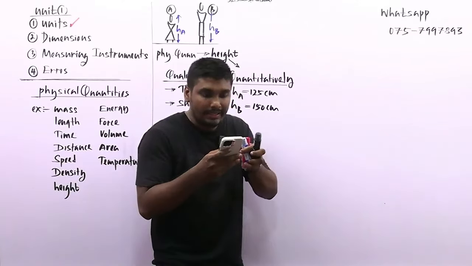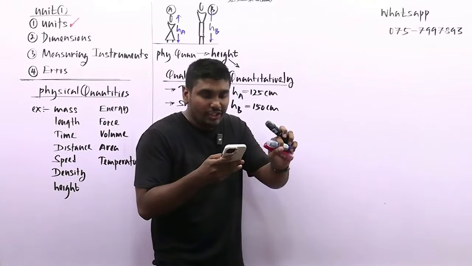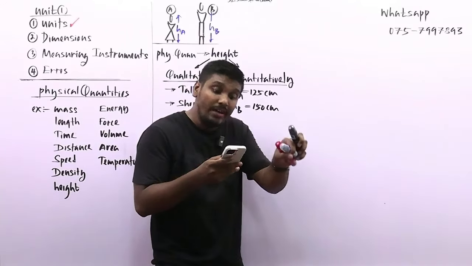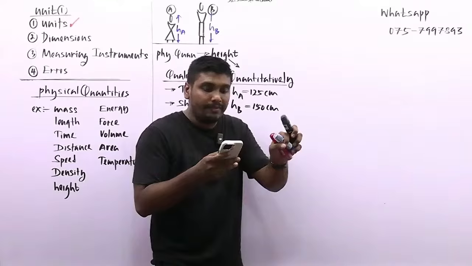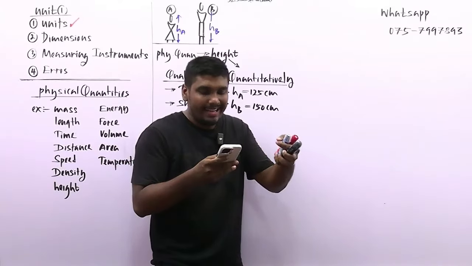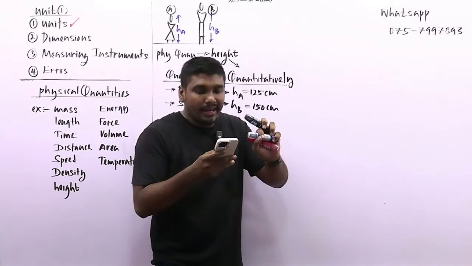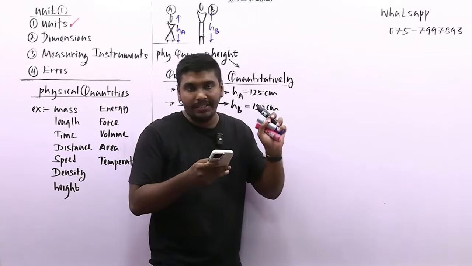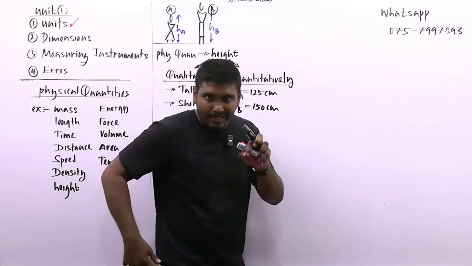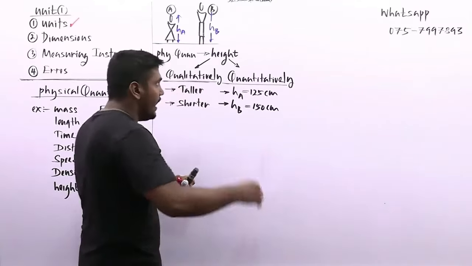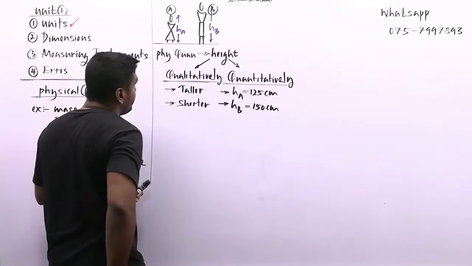I mentioned that presenting only the magnitude of a physical quantity does not give a clear idea of the physical quantity. It must be presented with a unit in order to have a clear understanding of it. For example, let's say now you are measuring the height of person A.